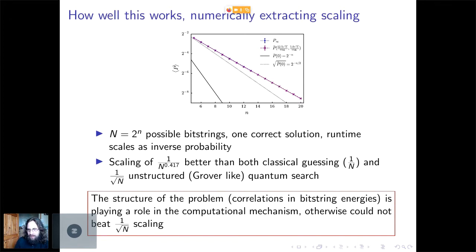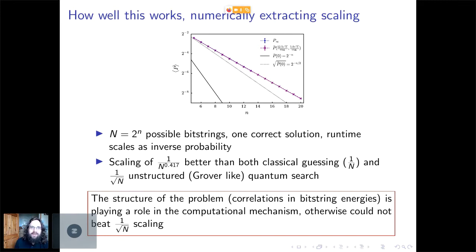So gate model Grover search, you get a 1 over square root N scaling. You can build a Hamiltonian version of that, and it gives you the same scaling. And in fact, you can show for an unstructured problem, meaning you don't get any information other than whether your solution is the best solution or not, you're not told anything about how far off you are from the best solution, this 1 over root N is the best you could possibly do.